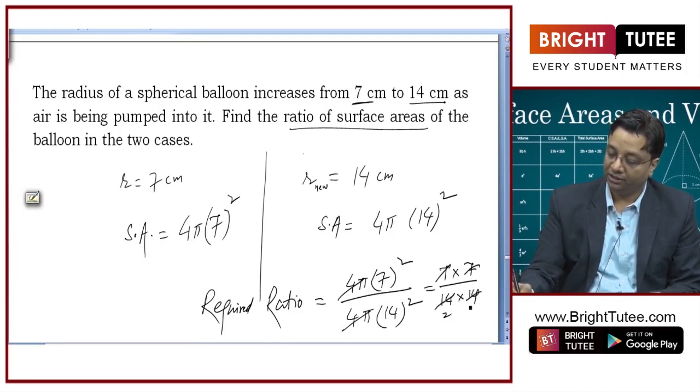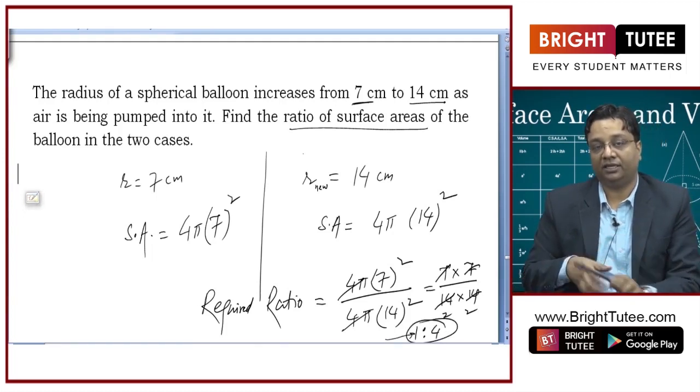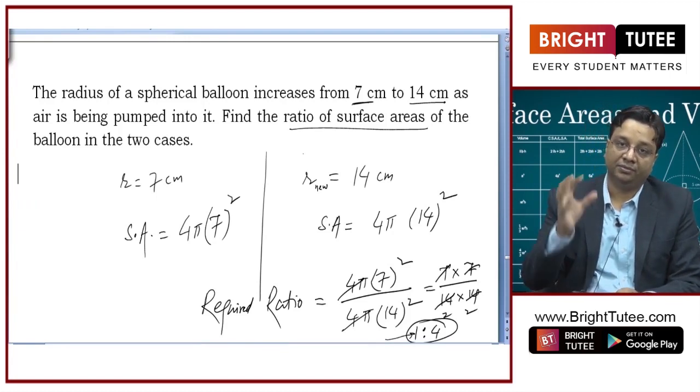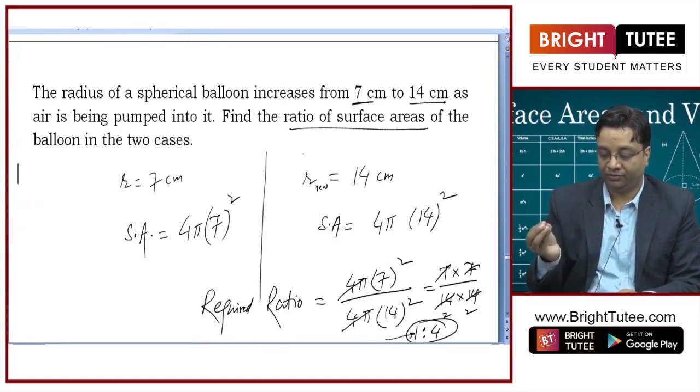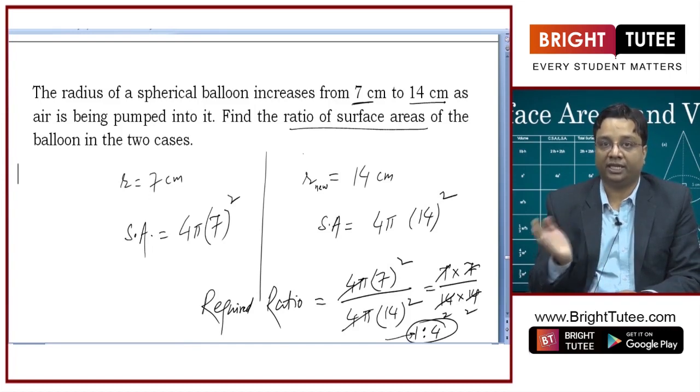So it will give you 2, it will give you 2. So ratio is 1:4. Originally, if it was 1, then after the air is pumped into it, it will become 4. So it will become 4 times.